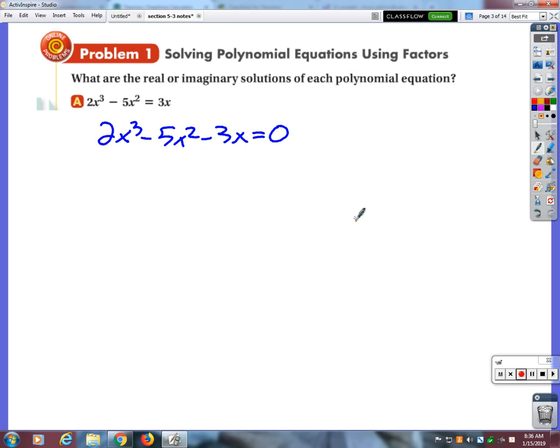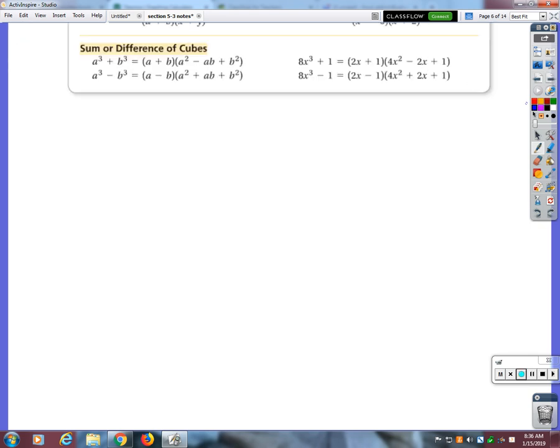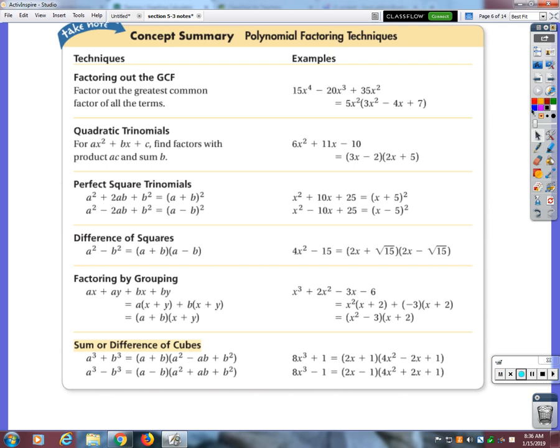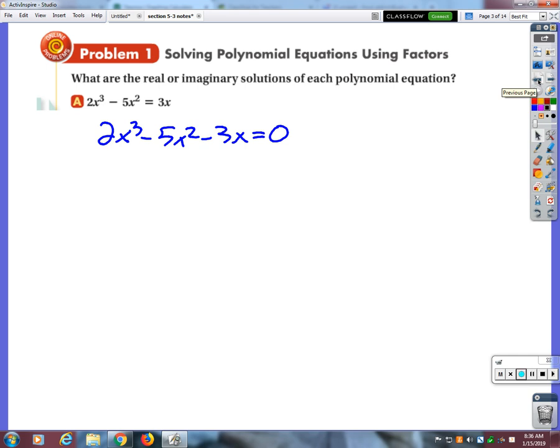Okay? All right, what now? Good, so this would be this situation right here, the first one, where you are taking something out of each one of the terms. In this case, Eli says you can take out an x. And if I do that, Eli, what am I left with?